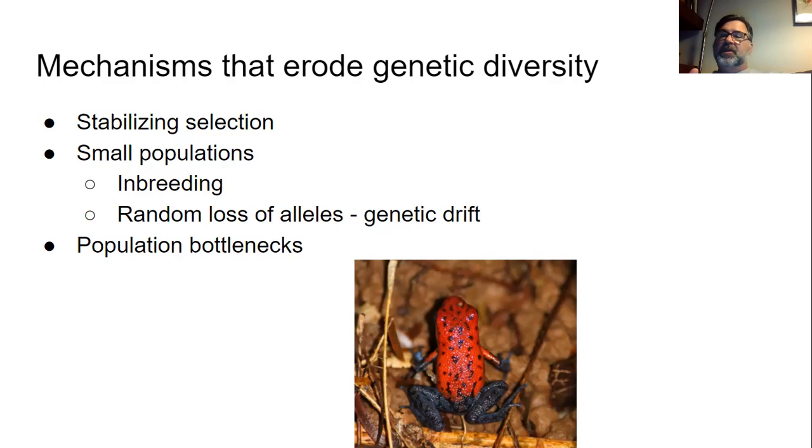These rare mutations can accumulate in a population. And so at any one time, two individuals getting together will have some gene that has these rare deleterious recessive alleles getting together and lowering the fitness. So the fitness of the entire population can go down.